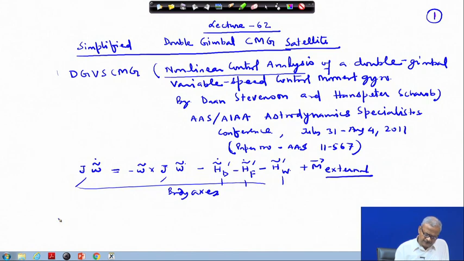This equation can be propagated along with the kinematics.